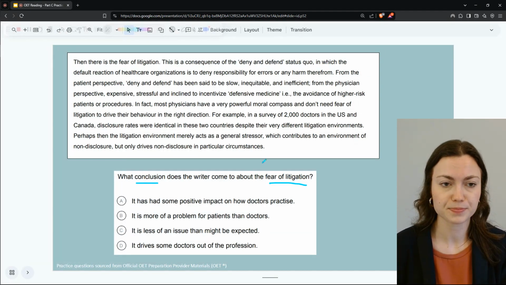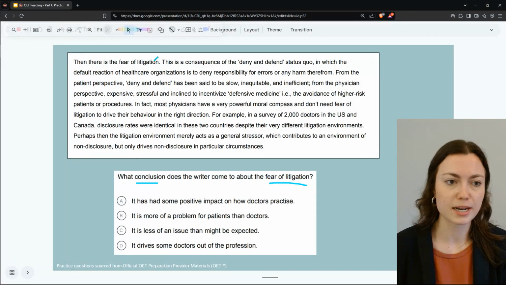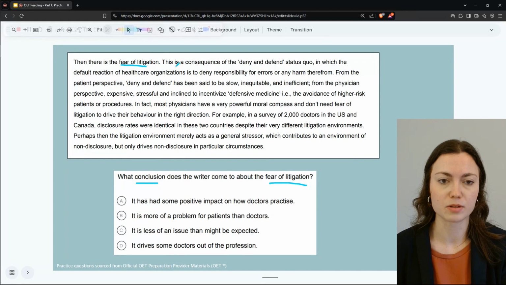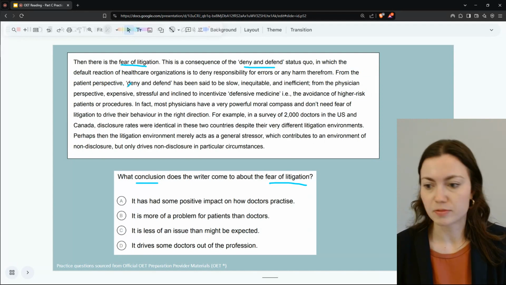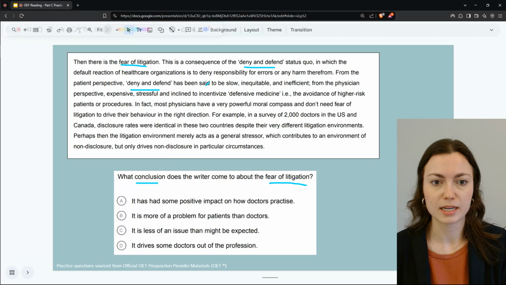All right. So we have right at the start talking about this concept, so the fear of litigation. And then what else does he say? So lots in there about, so this concept, deny and defend the status quo. Okay. From the patient perspective, so flipping it, deny and defend has been said to be slow, inequitable, and inefficient.